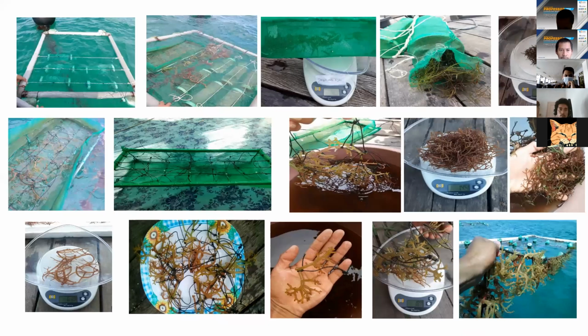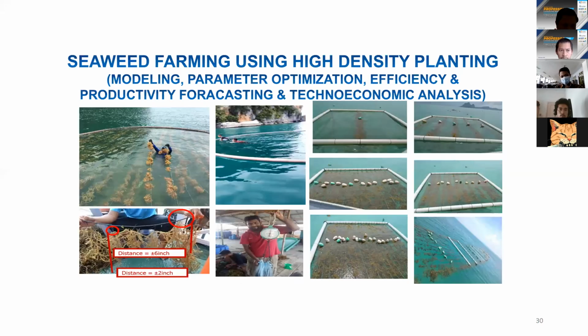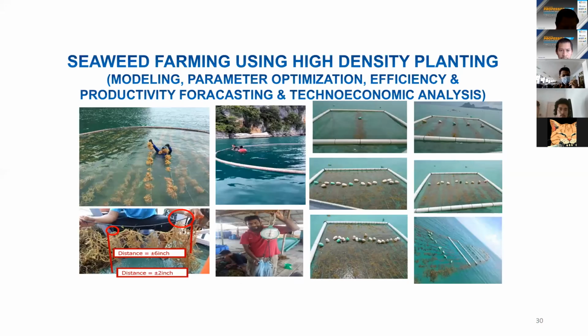Okay, I just bring up seaweed because seaweed is also very important for Indonesia and also important for processing companies like in the US. Okay, so this is our semi-farming at high density planting.